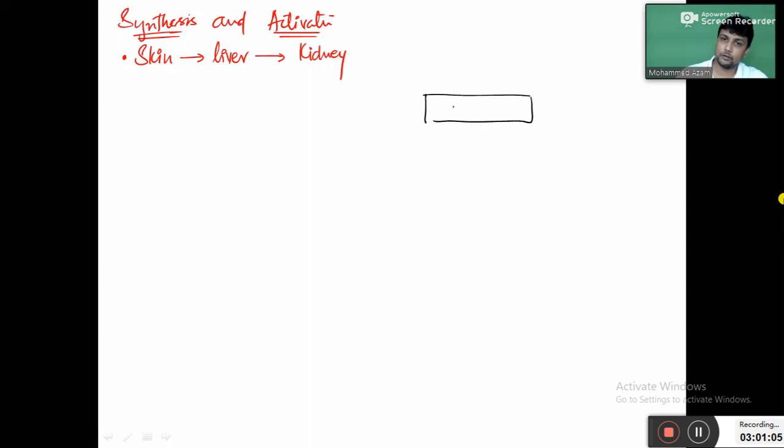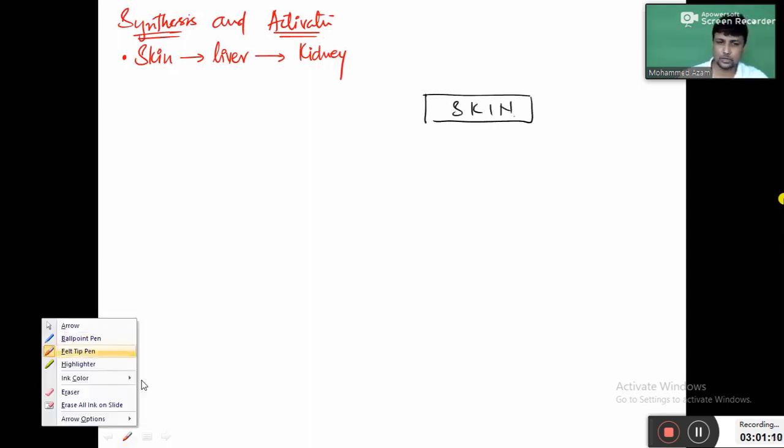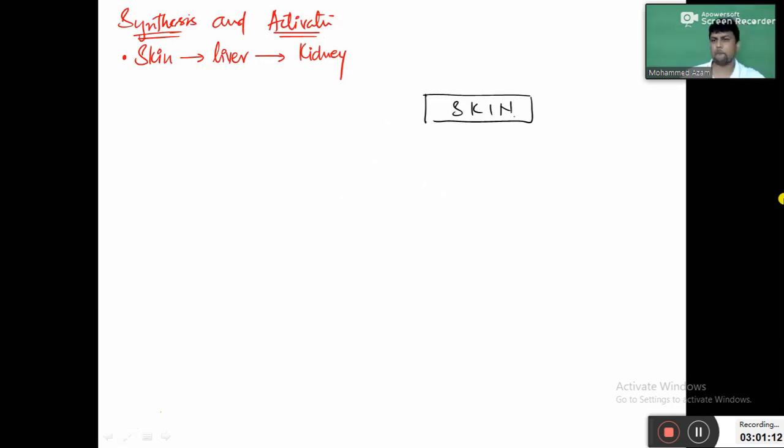Imagine this is a small piece of your skin. Tell me, what is the best source of vitamin D? The best source of vitamin D is our sunlight, which we avoid daily.